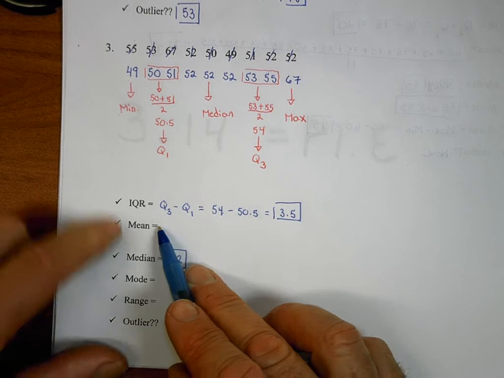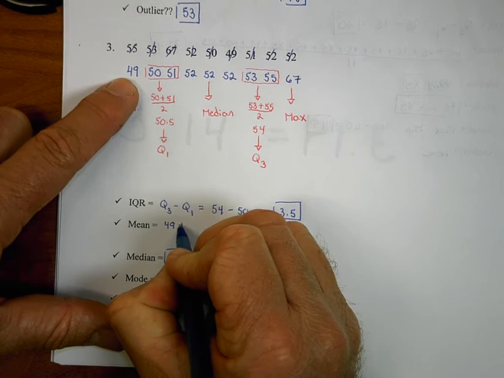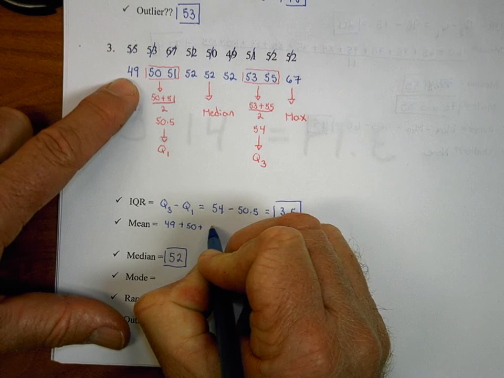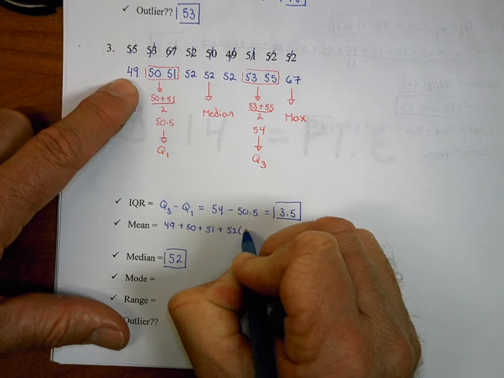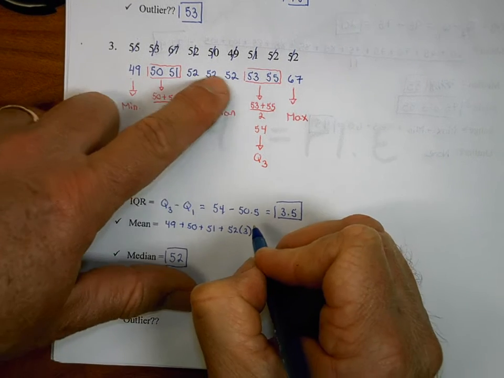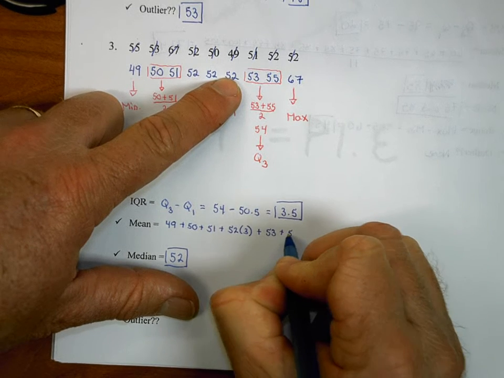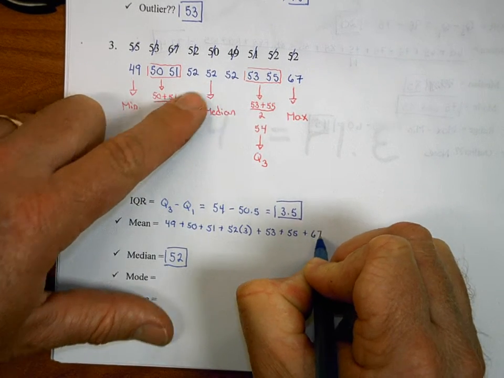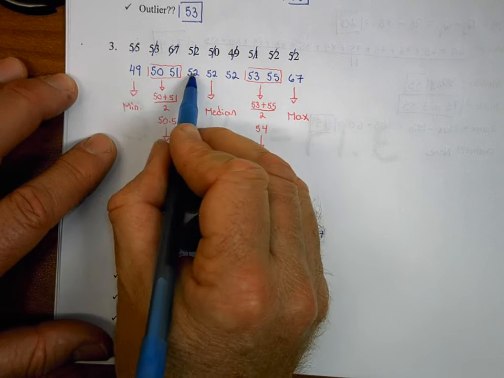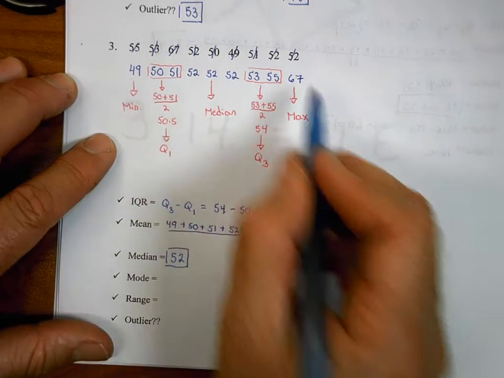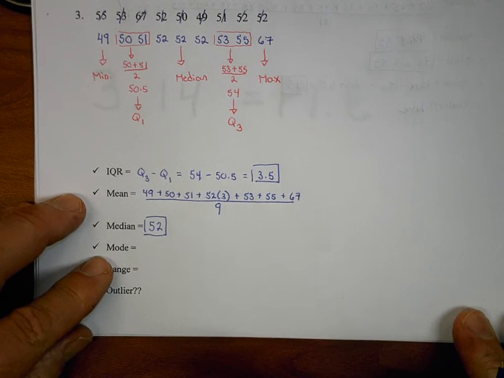To find the mean, I'm going to take the sum of all of my data. So I'm going to go 49 plus 50 plus 51 plus all the 52s. And if I want to be smart, I'm just going to go 52 times 3 plus 53 plus 55 plus 67. And I'm going to divide all of that by 9, because there's 9 pieces of data there, in order to find my mean.